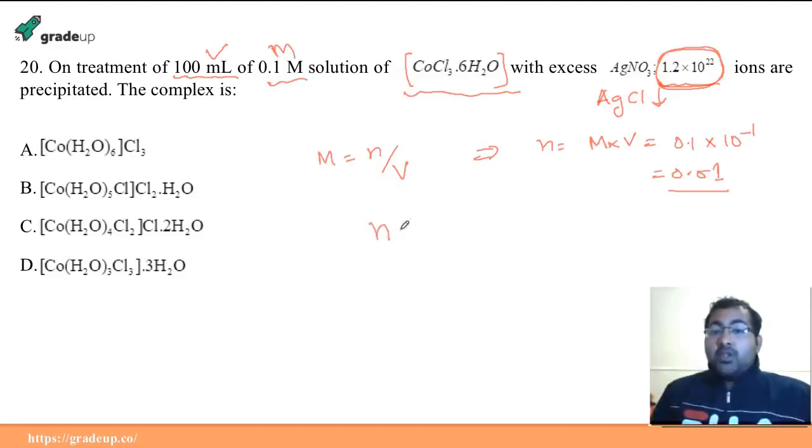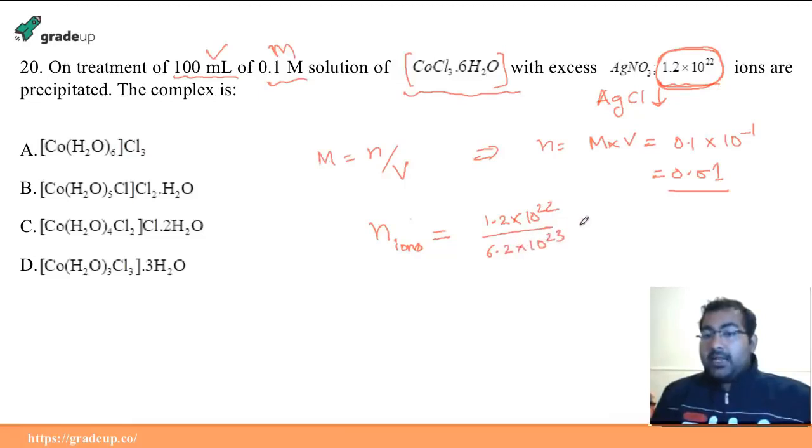So let's say the moles of ions precipitated will be the number precipitated divided by Avogadro number, 6.02 into 10 to the power 23. If you solve this, it comes fairly close to 0.02. So for 0.01 moles of this species, 0.02 moles are being precipitated.